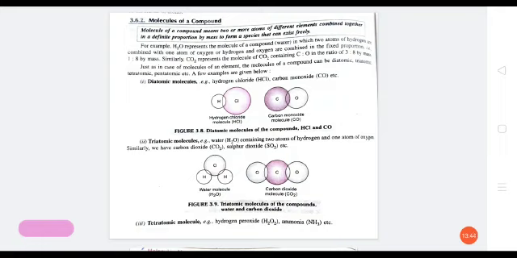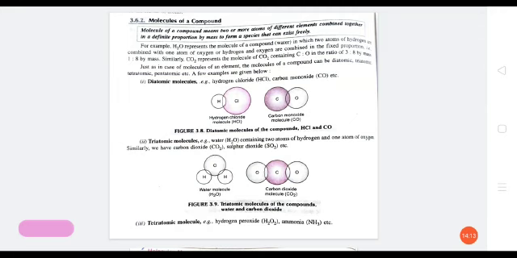We will take the example of water, that is H2O. Here, two atoms of hydrogen and one atom of oxygen make water, H2O. So they are triatomic molecules. Tetratomic molecules: hydrogen peroxide, H2O2. Two atoms of hydrogen and two atoms of oxygen make a tetratomic molecule.